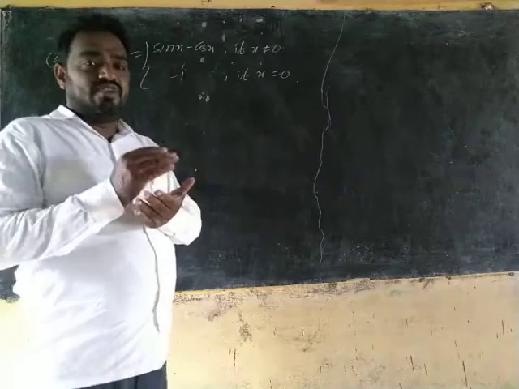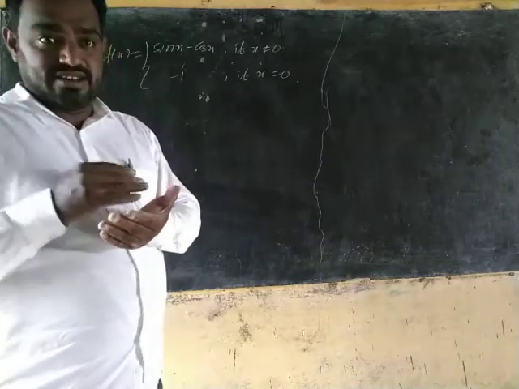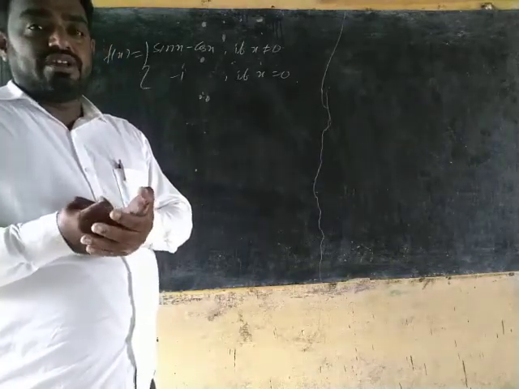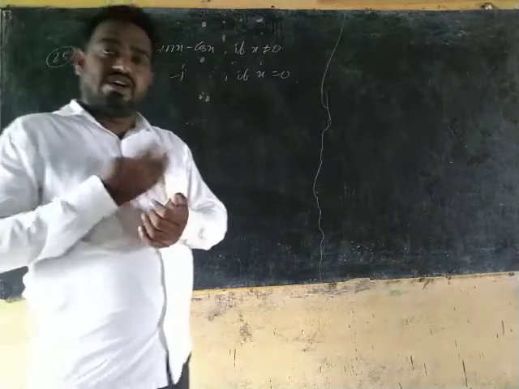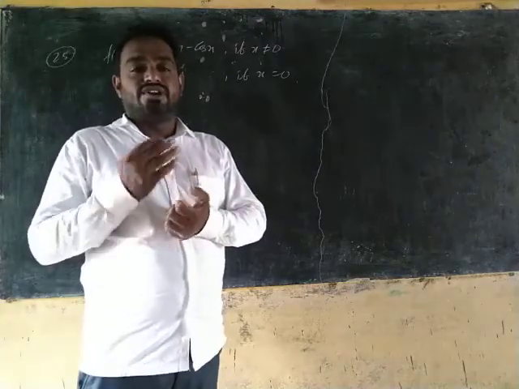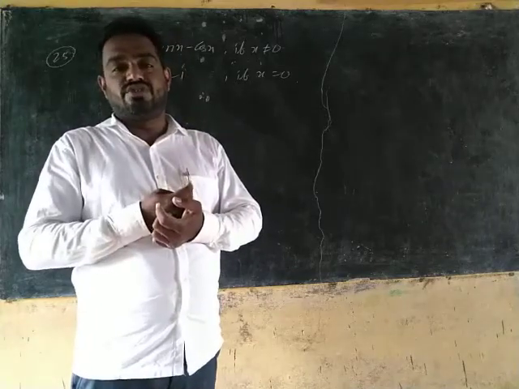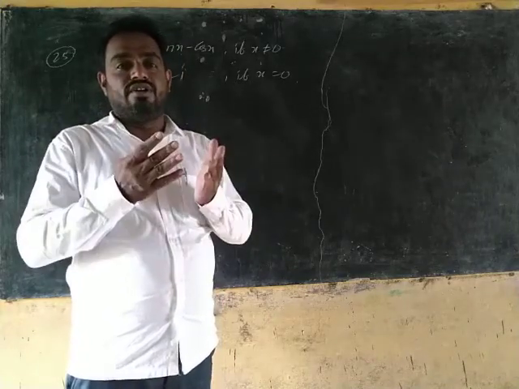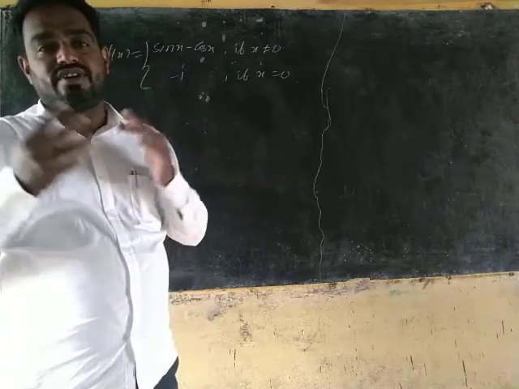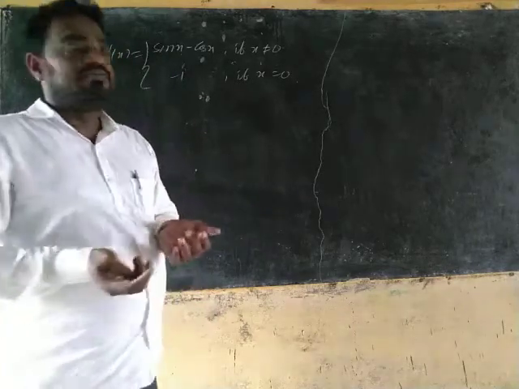It is not defined separately for x less than 0 or greater than 0, so there is no need to find the left hand limit and right hand limit. You find the function value, and you find the limit of the function at x equal to 0. If both are equal, it is continuous, otherwise it is discontinuous, right?